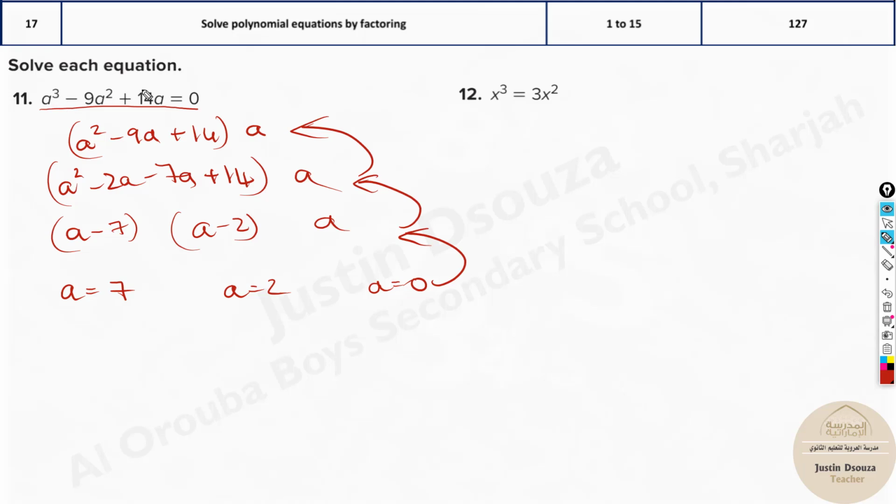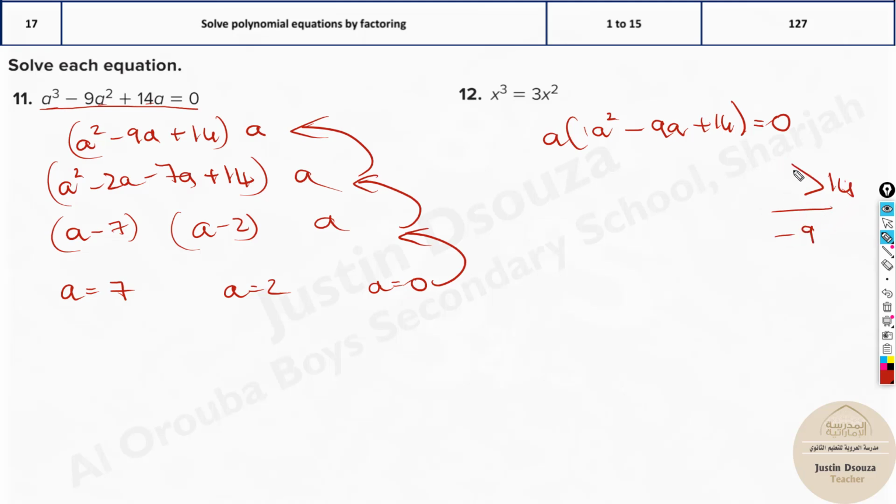I'll tell you how exactly you solve it. Here A is common, so we remove it outside. It will be A squared minus 9A plus 14 equals 0. And then how do you solve it further? This is a quadratic. You can find two factors. We need two terms which we multiply: the answer must be 14, and when we add up, it must be minus 9.